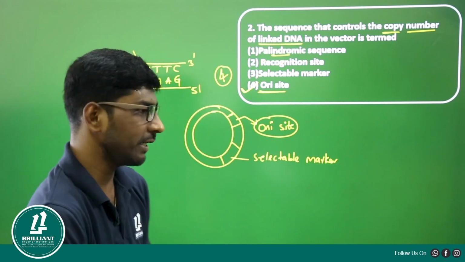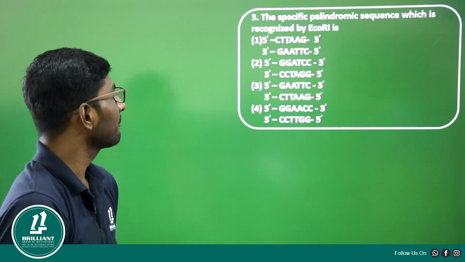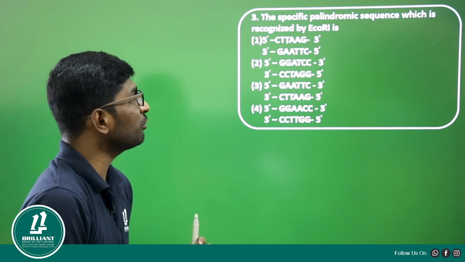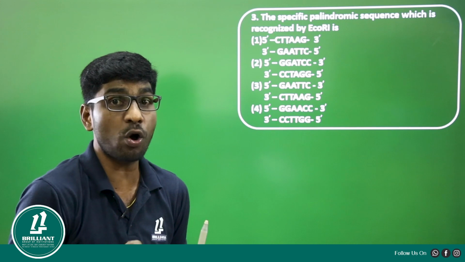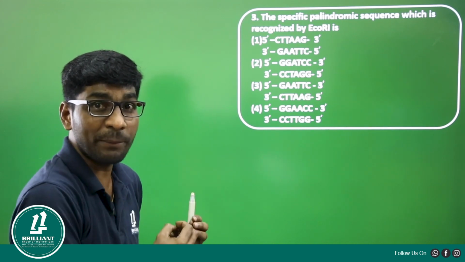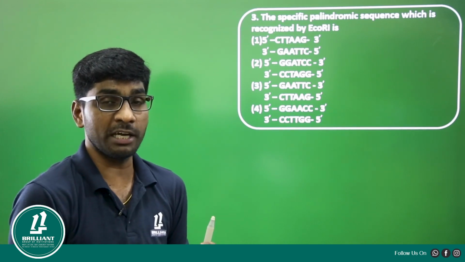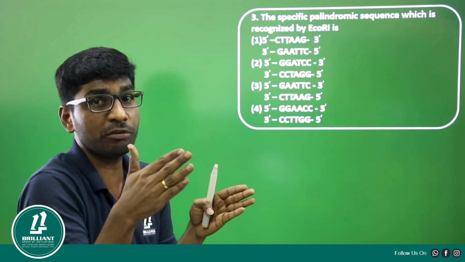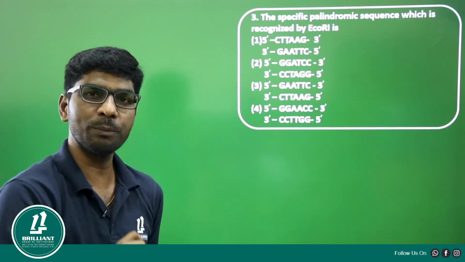Look at question number 3. The specific palindromic sequence which is recognized by EcoR1. Just now I told you in the previous question, what is a palindromic sequence? It means if you read from 5' to 3' and 3' to 5', it is the same. But look at the options.